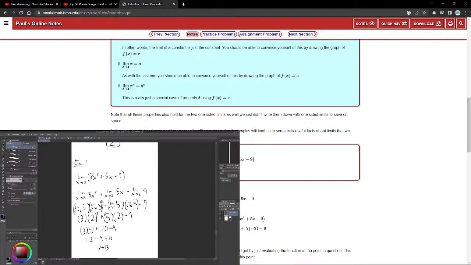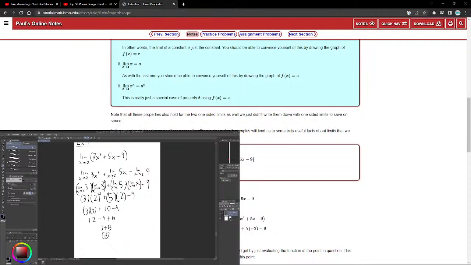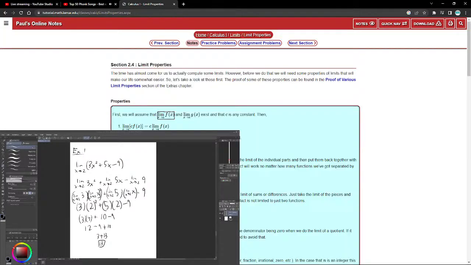I think we're good then. That's the annoying way of doing it with the properties.